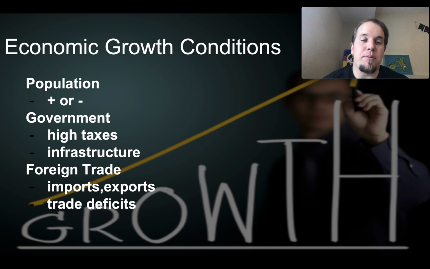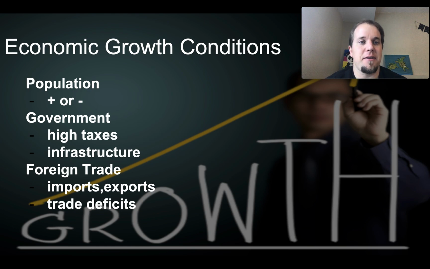Well, their GDP per capita is only $1,500 per person. Versus the US, where we have millions of people instead of billions, we have 62,000 plus for a GDP per capita. So even though the population increases the labor, the human capital, that doesn't mean necessarily you're going to see growth.